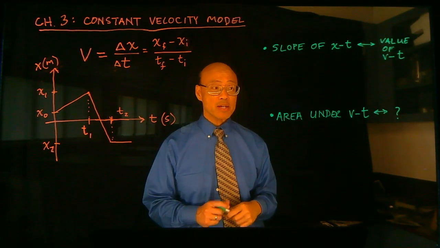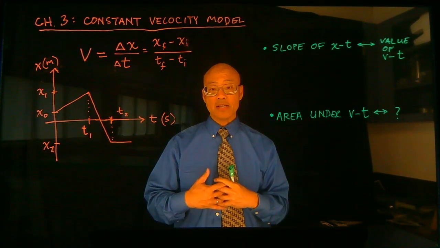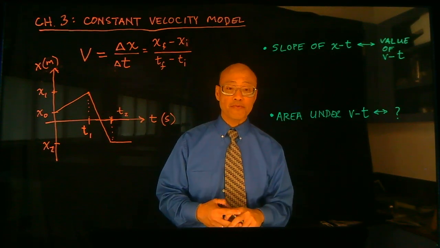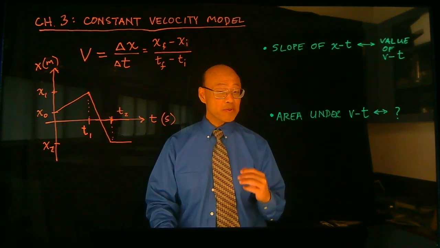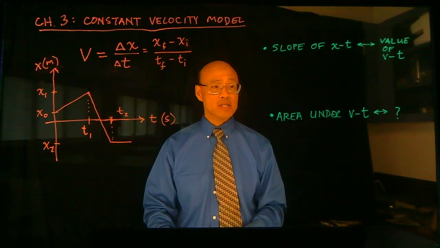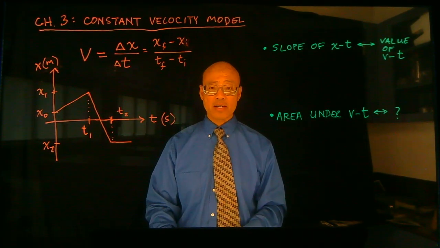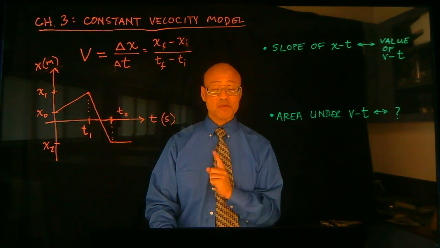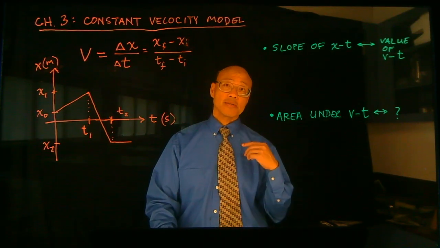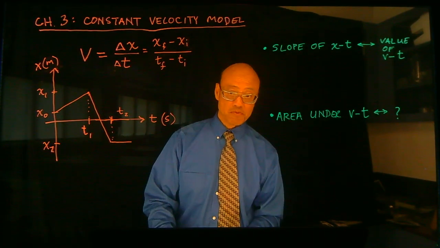The other endpoint is something we're going to use as a segue into Chapter 4. It's not going to be the first thing we study in Chapter 4, but it's an important idea, and if you can see it in the context of Chapter 3, it's going to be much easier to see in the context of Chapter 4.